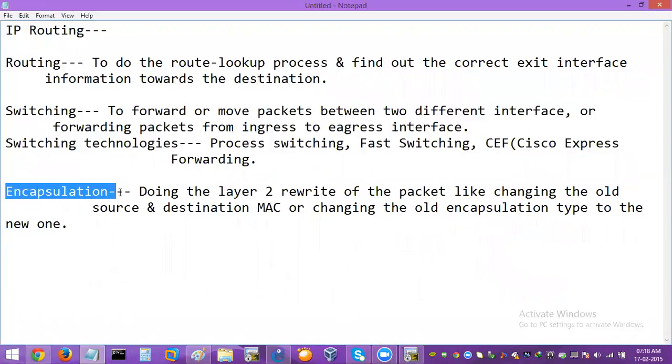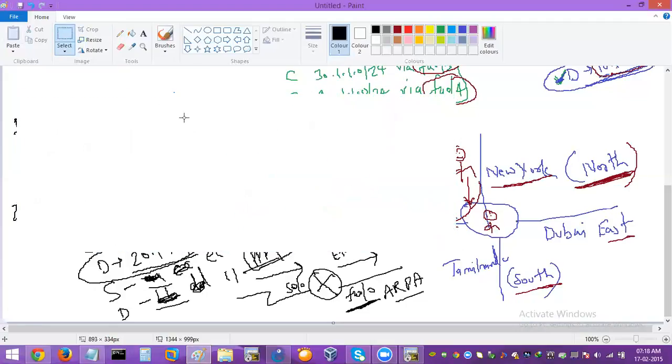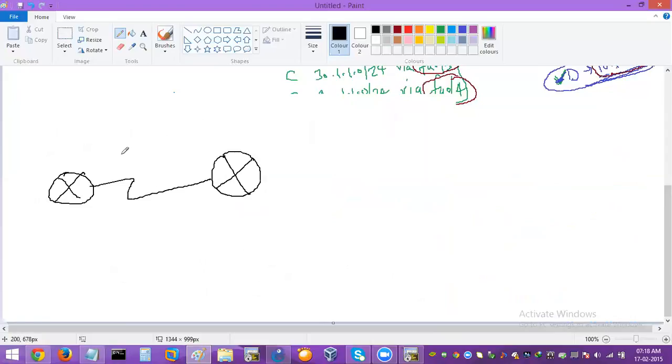Sir, can you repeat this part, please? Yeah. So what I was saying is, here we have a router that connects to another router, and we have the 10.1.12.0 subnet between them.